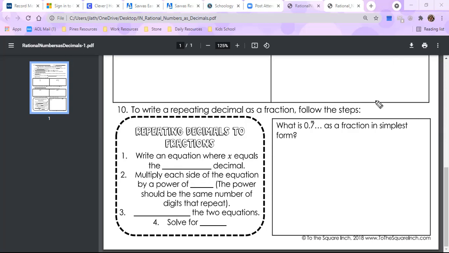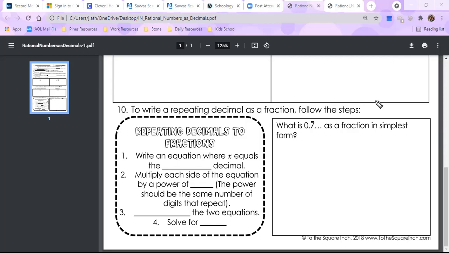So you have x times, see, that's why I don't like using x. Hold, please. We're going to do it this way. We have x times 10, which is 10x. And then we have 10 times 0.7 repeating. It is a positive, so we're moving the decimal 1 to the right. So you're going to get 7 and 7 repeating. Now we need to go ahead and subtract our original equation from this one.